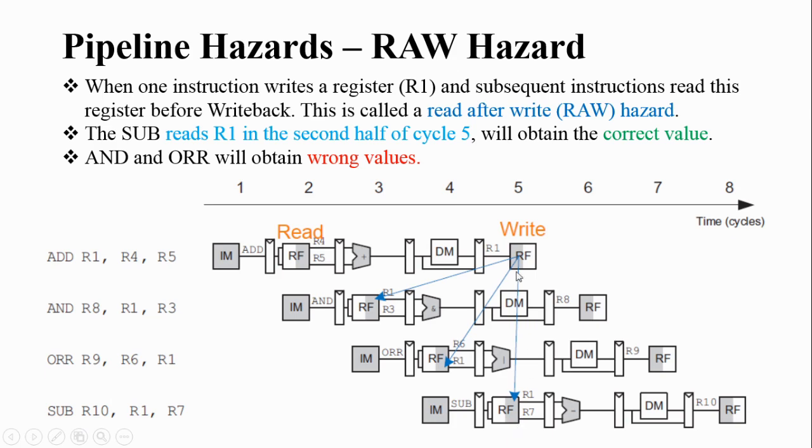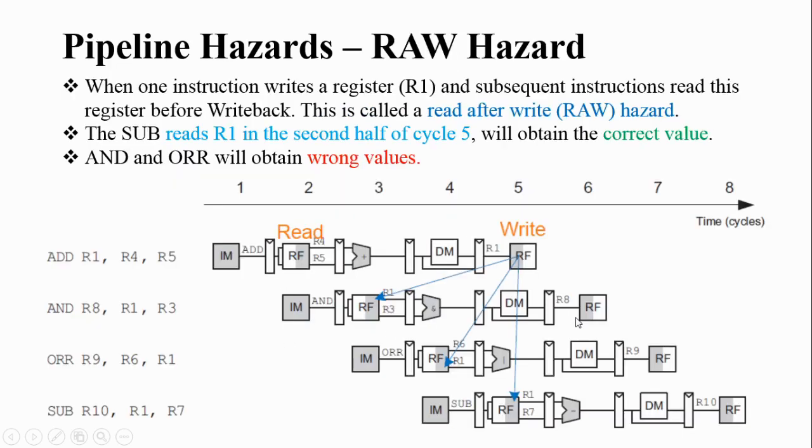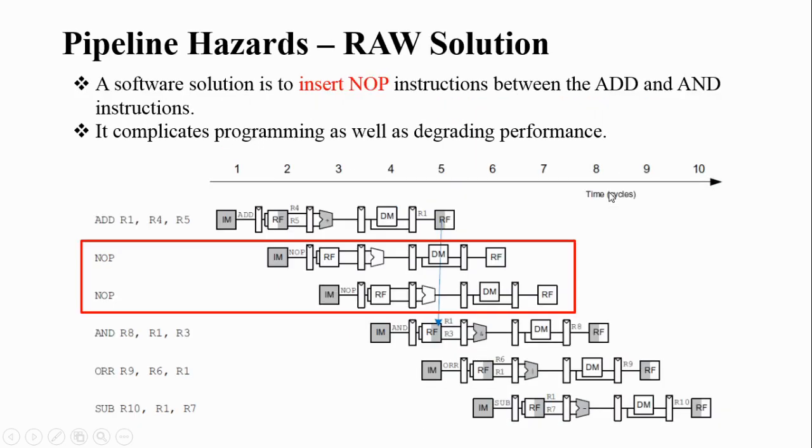Even though read and write occur in the same cycle, hazard will not occur. So sub will get the correct value, and or will get a wrong value due to this pipeline hazard. This pipeline hazard is known as read after write pipeline hazard.